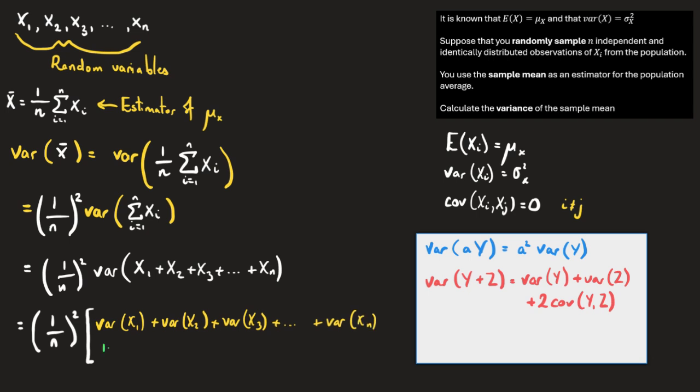And then we're going to have two lots of all of the covariance terms. So we'll have the covariance between x1 and x2, the covariance between x1 and x3, and so on, all the way until we get to the covariance between xn minus 1 and xn.